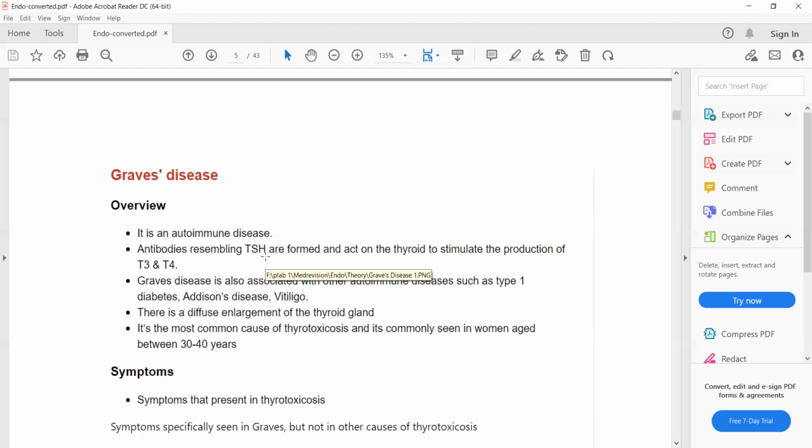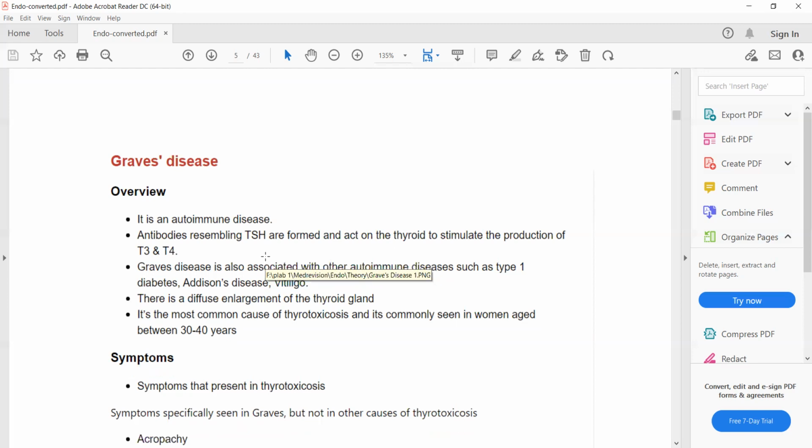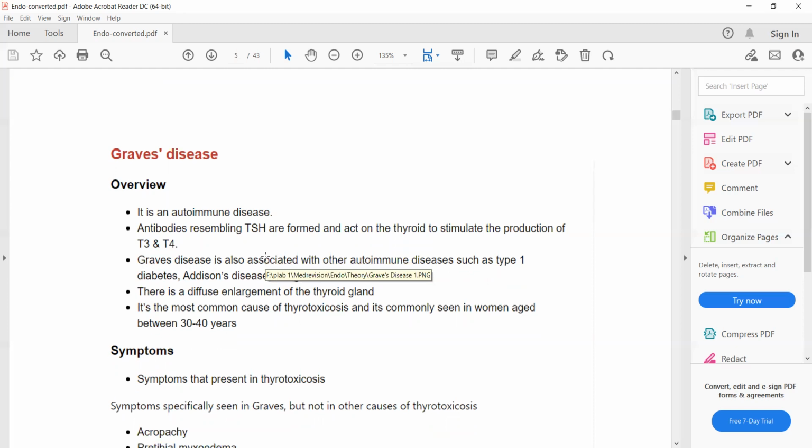So, in Graves' disease, antibodies are produced that resemble TSH, so they function just like TSH. The function of TSH is to stimulate the thyroid gland to produce T3 and T4. That's why Graves' disease causes hyperthyroidism, because the antibodies produced in Graves' disease resemble TSH.